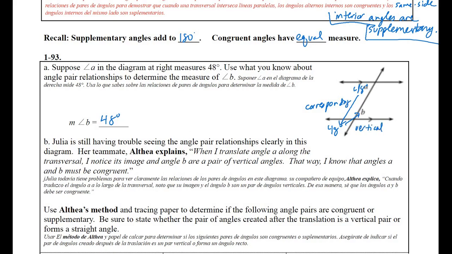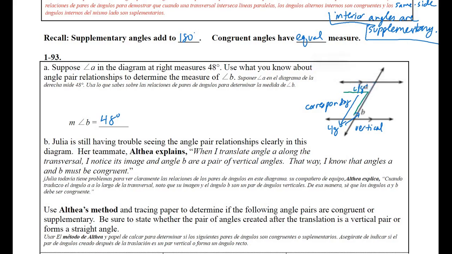Part B. Julia is still having trouble seeing the angle pair relationships clearly in the diagram. Her teammate, Altea, explains, "Hey, when I translate an angle along the transversal, I notice its image and angle B are a pair of vertical angles. That's how come I know that angles A and B have to be congruent."